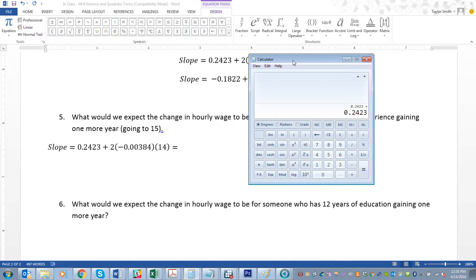0.2423 plus, we'll do this in parentheses, 2 times 0.00384, and we'll make that be a negative, times 14, close parentheses. And so we get 0.13478.